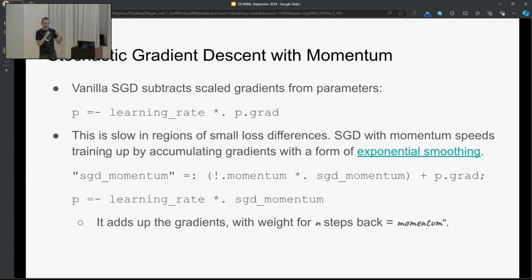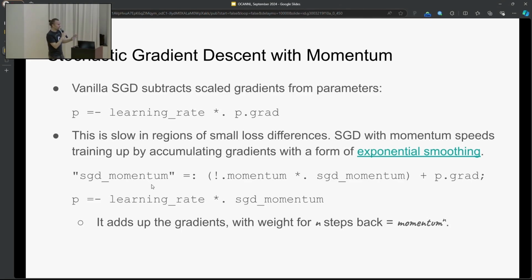So to speed that up, we can accumulate gradients over consecutive steps, make the training step bigger in that way, and also make the training step less susceptible to the stochasticity in the batch by combining it with gradients from the previous steps.